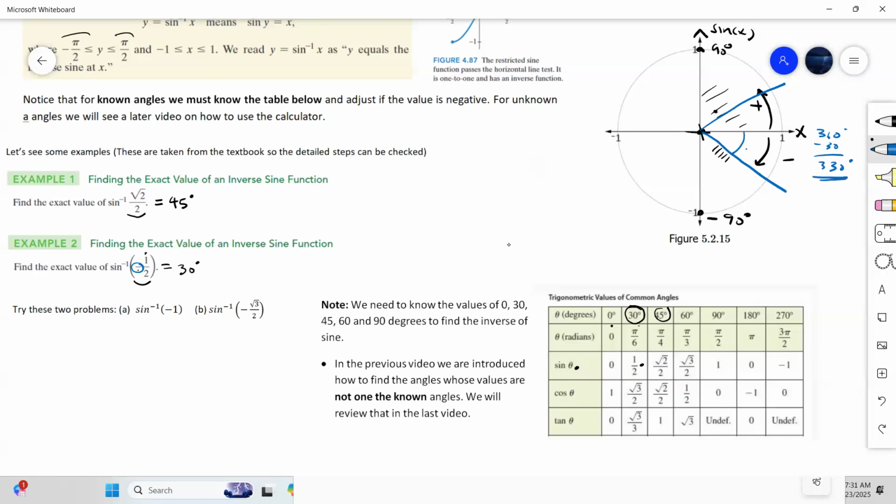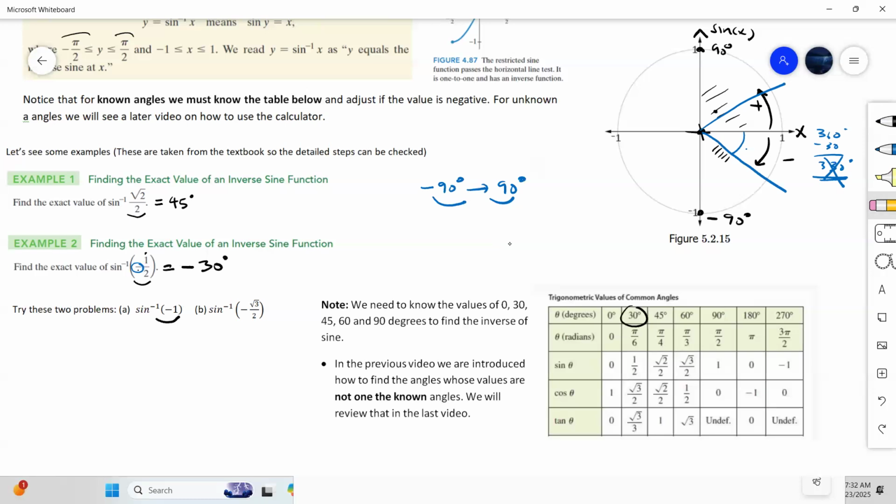Yeah, that's okay, but this is not allowed because, again, the domain of sine inverse goes from minus 90 to 90. So the answer you have to give is not 330, it is minus 30. Okay? Because that's what the domain is. The function does not exist at negative 330. So sine is very straightforward. Okay? Let's take a look at this one.